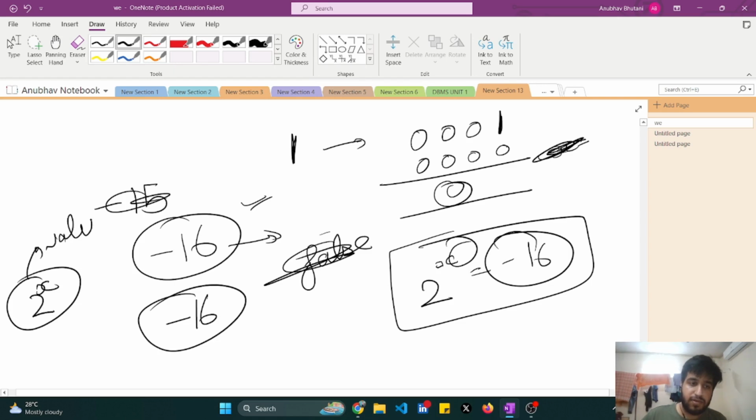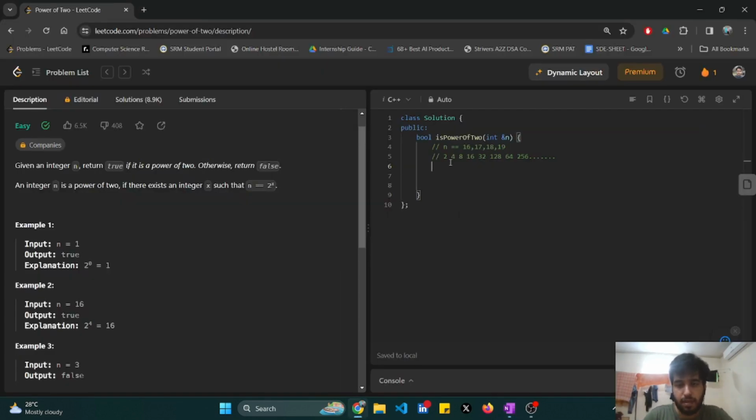So if any negative value comes, you just have to return false. So if the number is equal to 0 or less than 0, return false, else return not of n AND n minus 1.